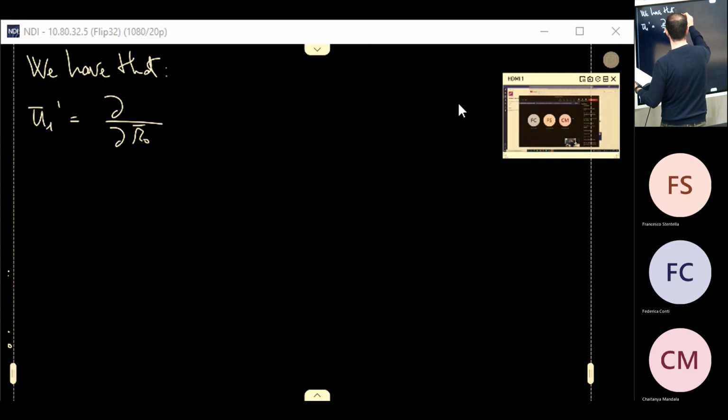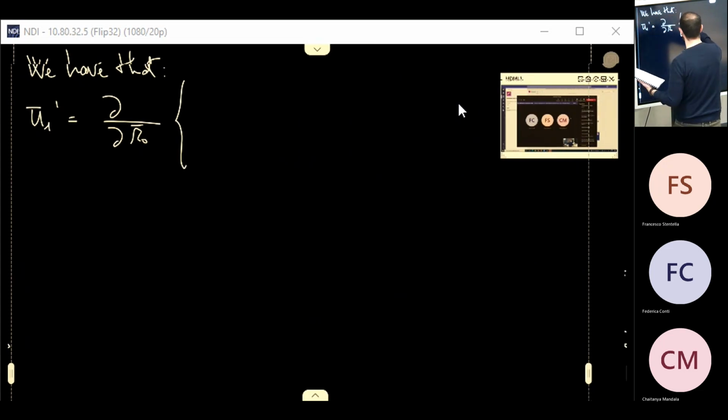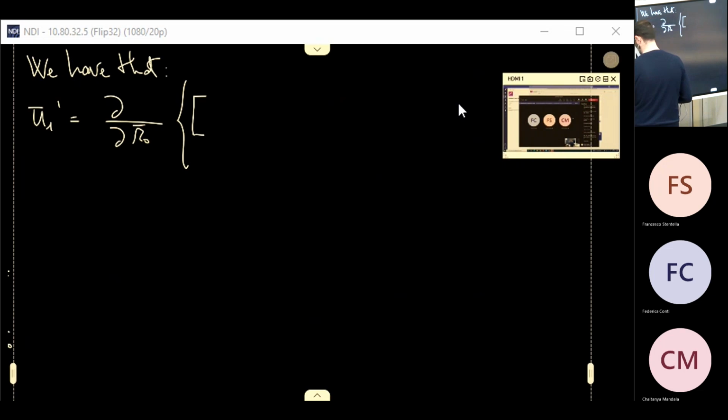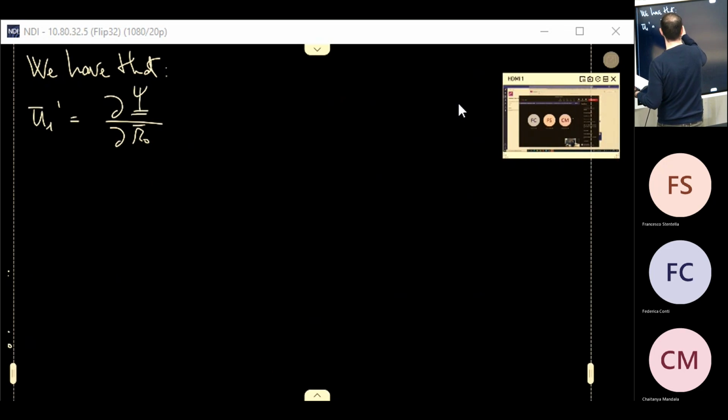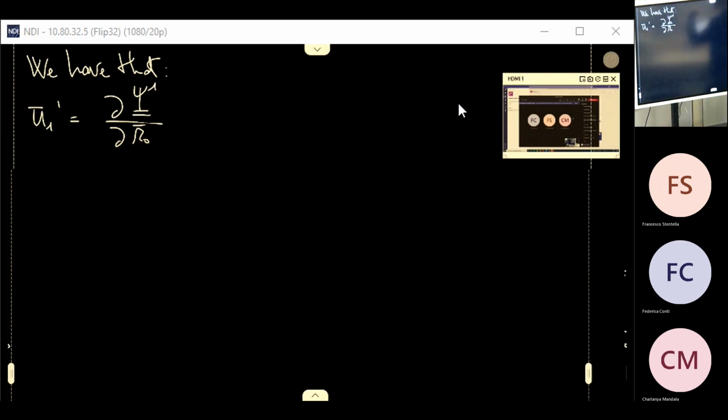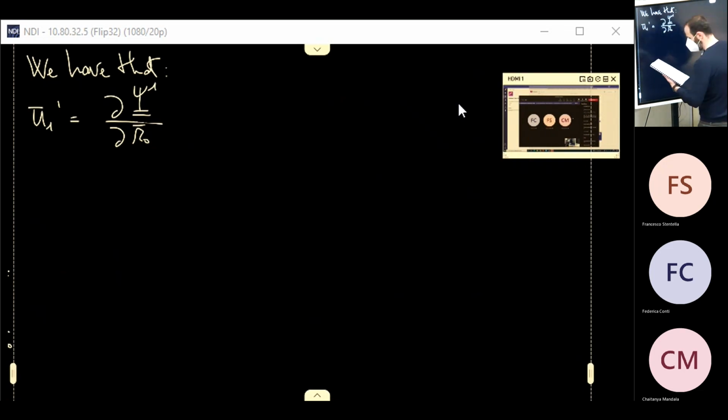So you have the derivative of what? So if you remember, let's write it extensively. This is the Psi1, where Psi1 is the first row, not column, row, of the shape matrix, applied over QF.